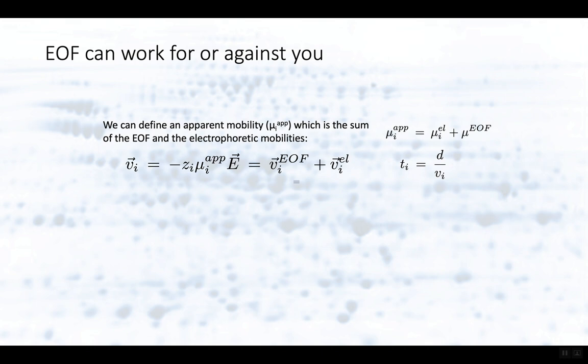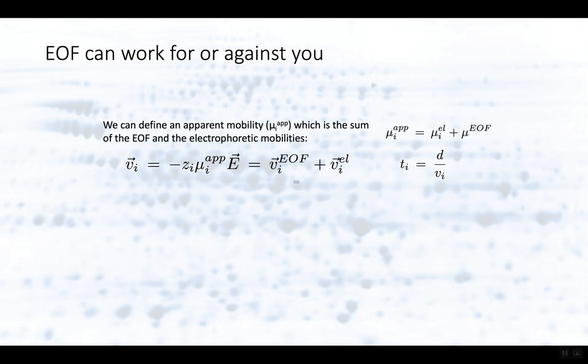So we can combine those two to create an apparent mobility, and that's really dependent on the velocities of the two. And so now we can get the velocity of an ion. Once we know the EOF mobility and the electrophoretic mobility, we can calculate the apparent velocity of that molecule.